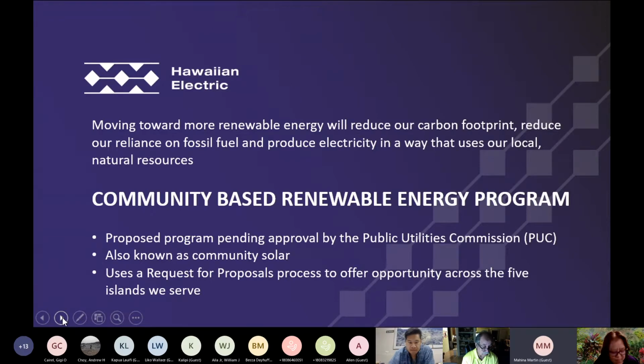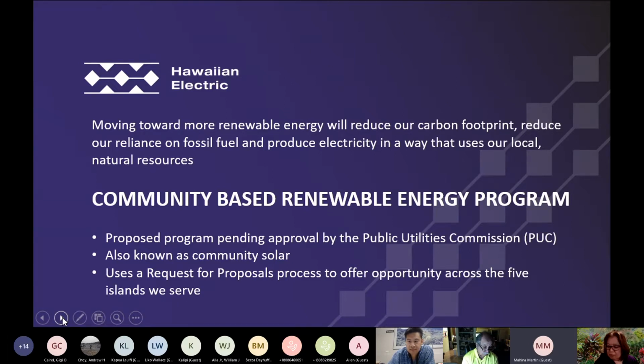And quite frankly, many of the large-scale projects, because of the amount of energy we need to produce requiring large-scale projects, come from experienced developers and companies elsewhere outside of the state. But we've consistently asked and encouraged communities to find developers that they like to work with, so that there can be a true partnership.